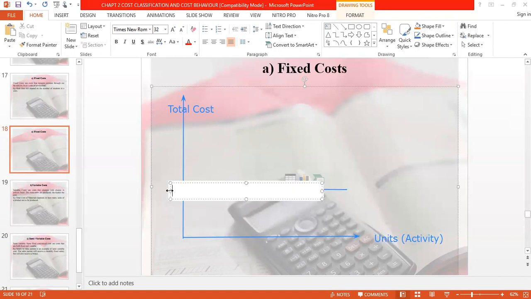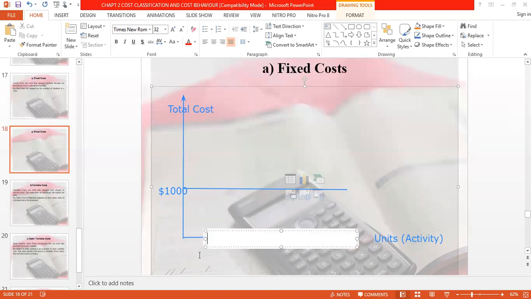And maybe here we are spending $1,000. Regardless of the number of units, that is the amount that will be incurred.